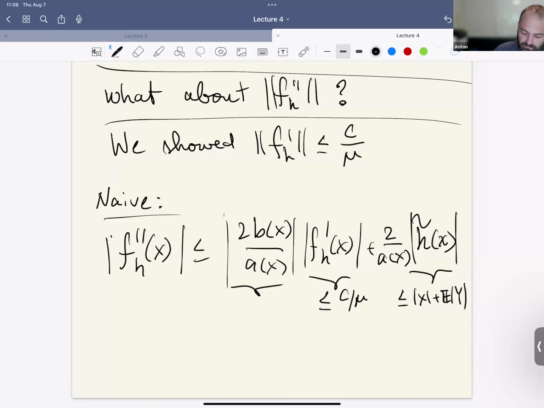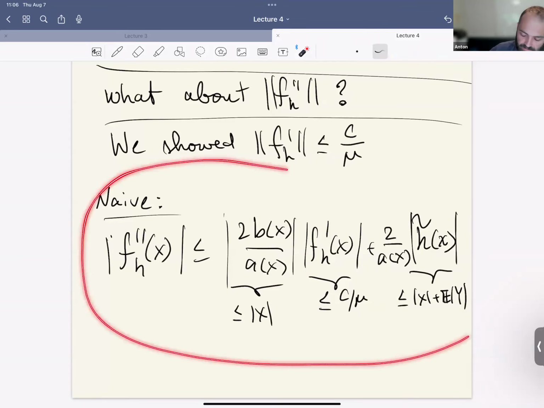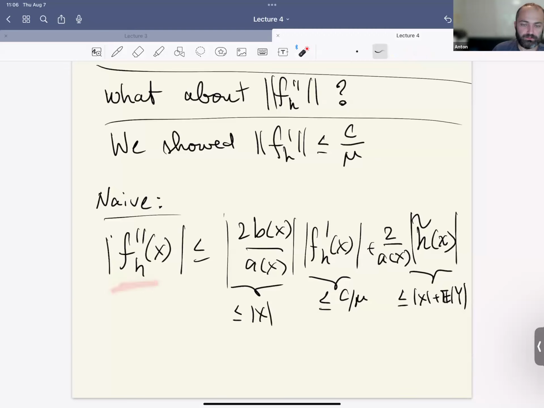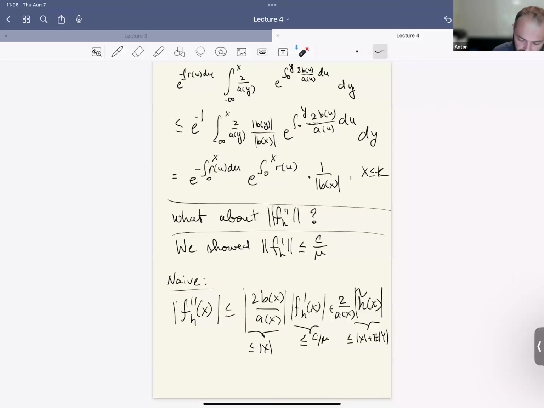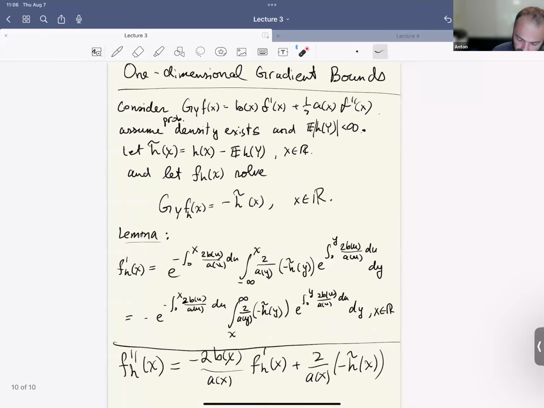This ratio of B over A is bounded by absolute value of x, because in our case, B is linear and A is a constant. So what we've shown is if you apply this naive bound, you can show that the second derivative grows at most linearly. Okay. Is this good enough? Yes. Actually, you can make this work. If you go back, let me show the end of lecture 3.